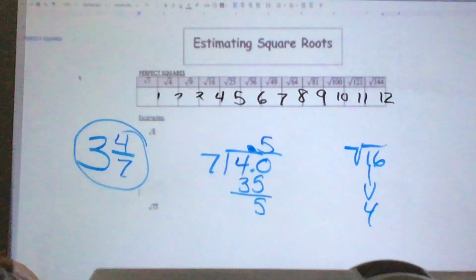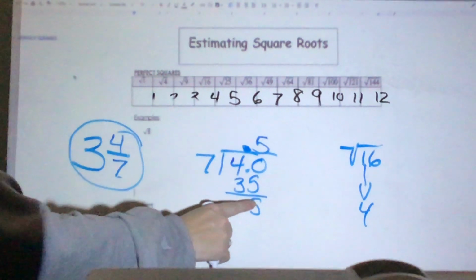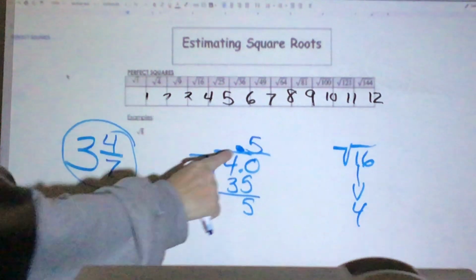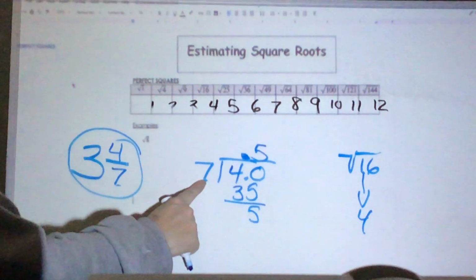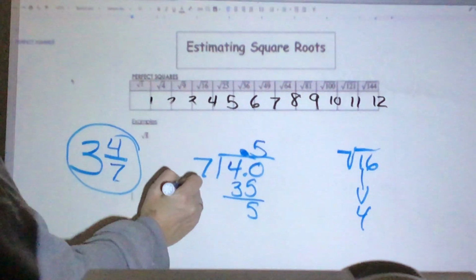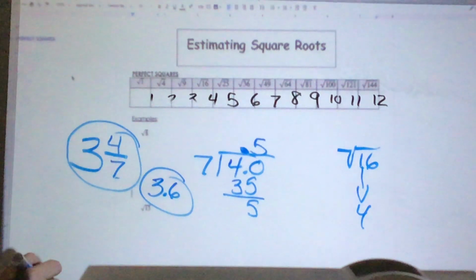And now I'm going to stop here, because we're going to round this to the nearest tenth anyway. So if what I have left over is more than half of this number, I'm going to round my decimal up. 5 is more than half of 7, so I'm going to make this 0.6. So I'm going to estimate this to be 3.6 as a decimal number.